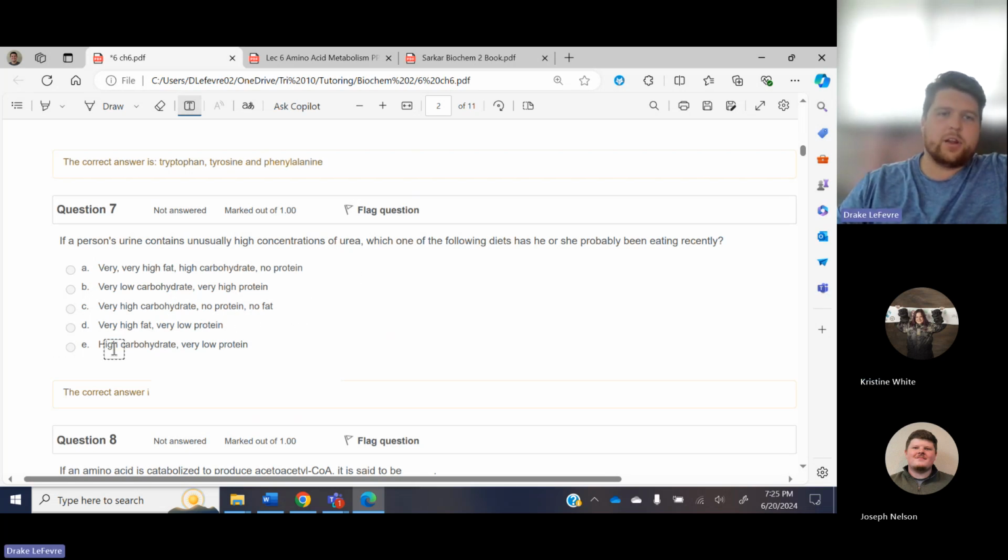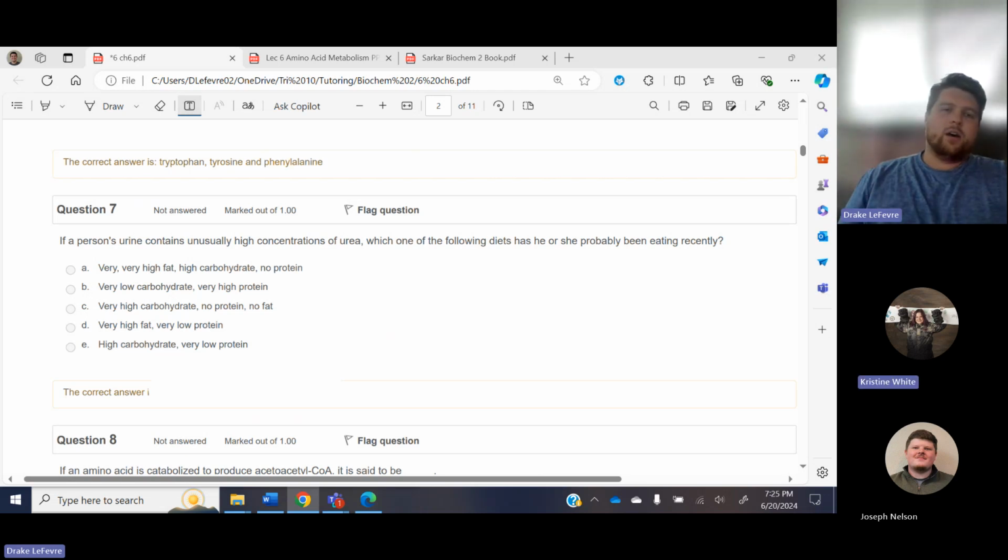So if a person's urine contains unusually high concentrations of urea, which of the following diets has he or she probably been eating recently? So when we look at urea, have you guys talked about urea at all? Kind of where urea comes from? We are there now, I believe.